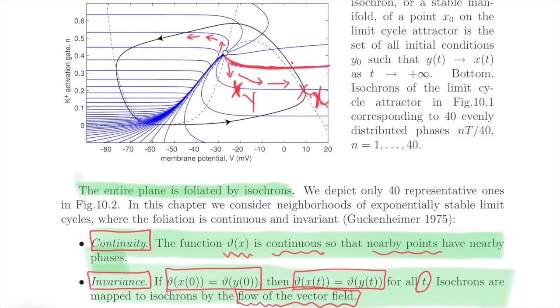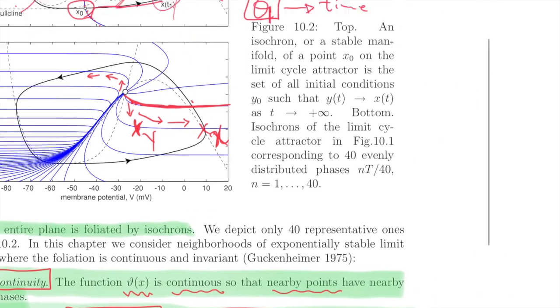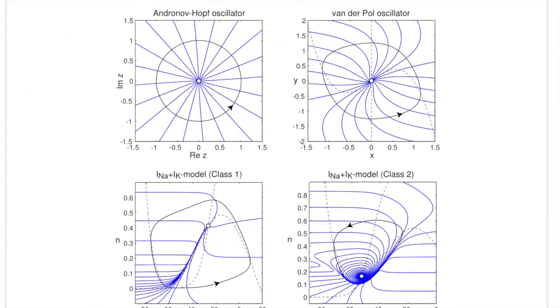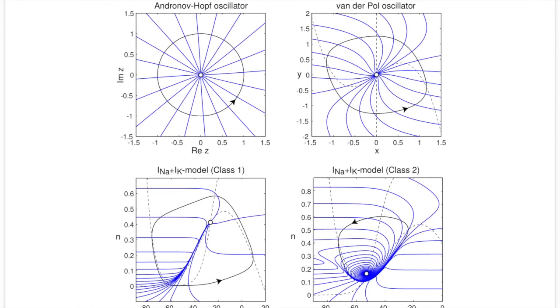So this was the isochron, and you can see that, for instance, in the Hopf oscillator, it's very symmetric like this. This is the imaginary part of Z, this is the real part of Z, and these are the isochrones of this oscillator.